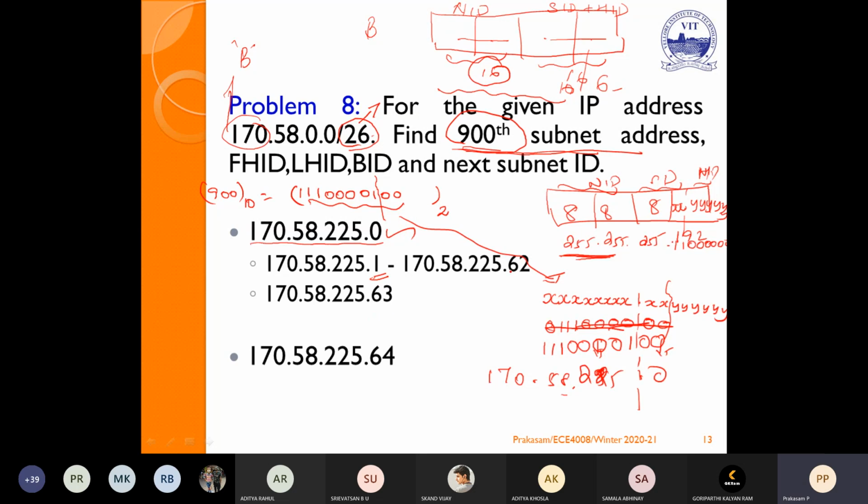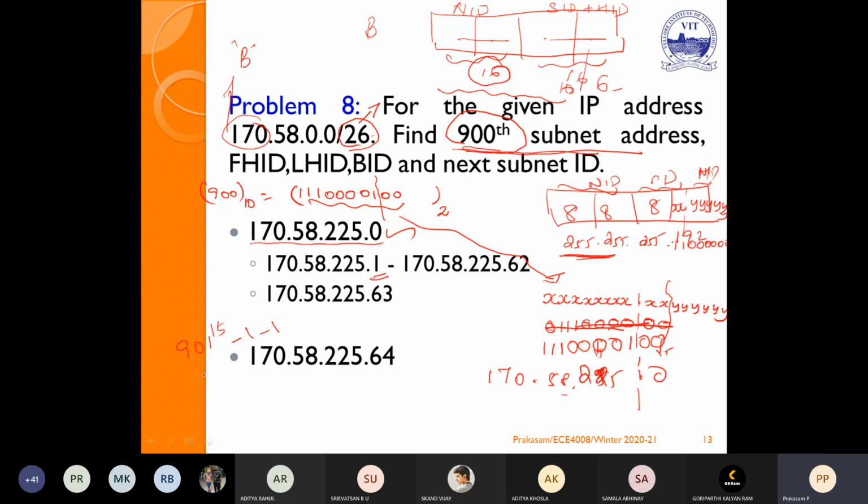Then the last host ID and broadcast ID, how will you calculate? Last class we have seen. Just calculate the subnet ID for 901, minus 1 is the broadcast ID for 900. Again minus 1 is the last host ID for 900 subnet.